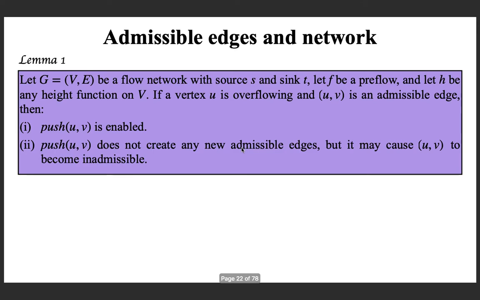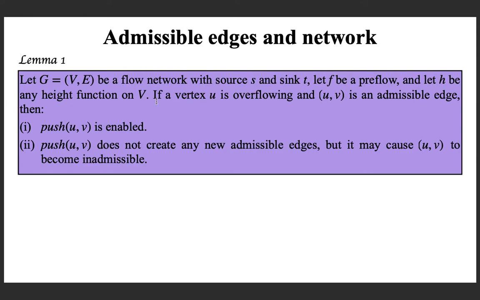Now, before we see the algorithm, we can look at two lemmas. Lemma 1: let G be a flow network with the source S and sink T. Let F be a preflow on that network and H be a height function.